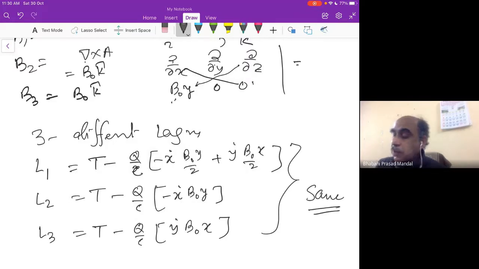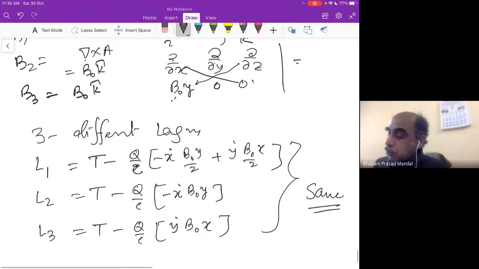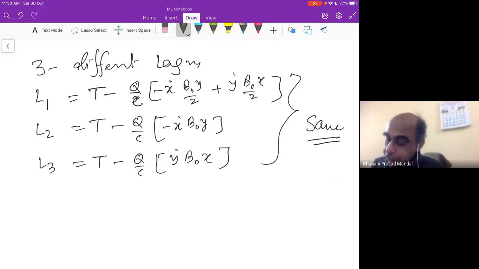How to check? That was one question in your mid-sem also: when two Lagrangians are the same, you have to check the difference. So let me write L2 minus L3, I want to check the equivalence of these two. In L2 minus L3, the T terms get cancelled.